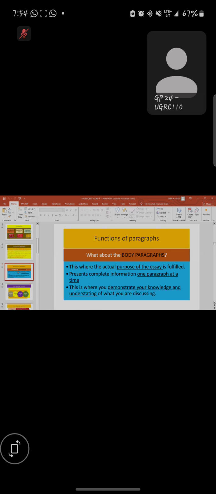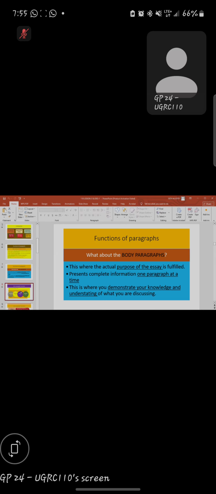But ideally, for our sake, because of limited time, if you have three ideas, assign one paragraph to one idea. And the body also demonstrates how knowledgeable you are as far as the topic is concerned. And once you show that you are knowledgeable in it, it means that you really understand it.